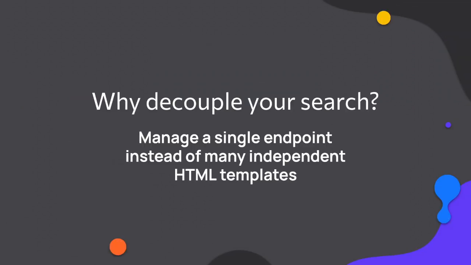Let's see. So why decouple your search? Well, like I said, you have all these little unique elements on the search page, and with the current approach with Ajax, you're managing a bunch of small independent HTML templates that all need to go back onto the page and replace certain parts of it. Whereas with decoupled, you're managing a single endpoint and a JavaScript library that's going to render everything out from that endpoint itself.